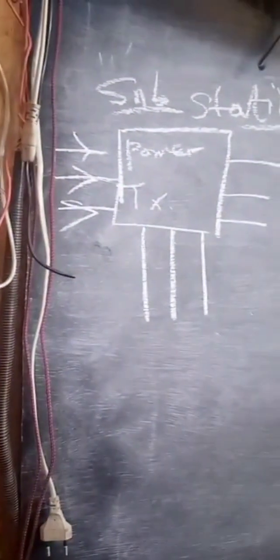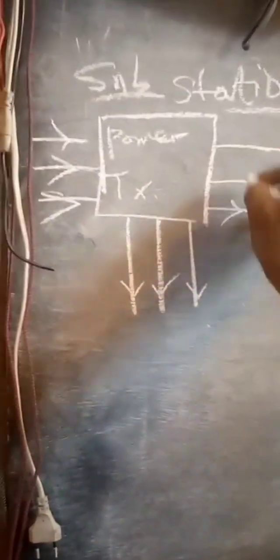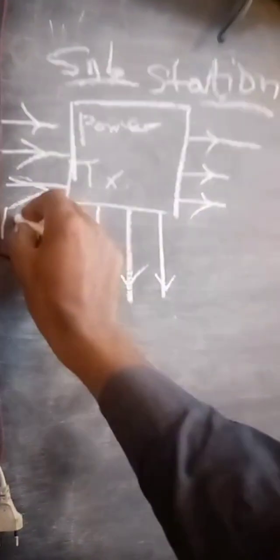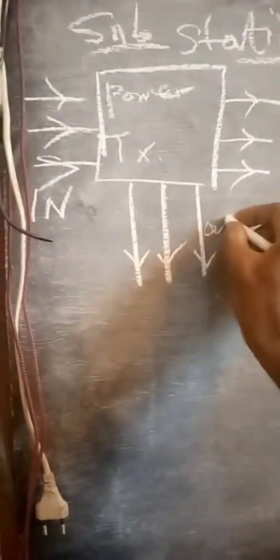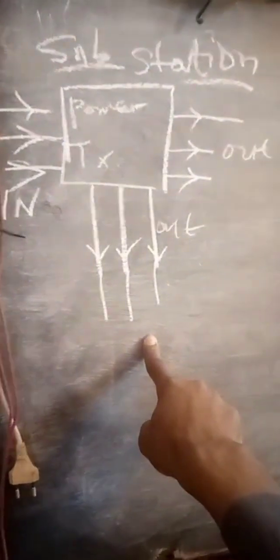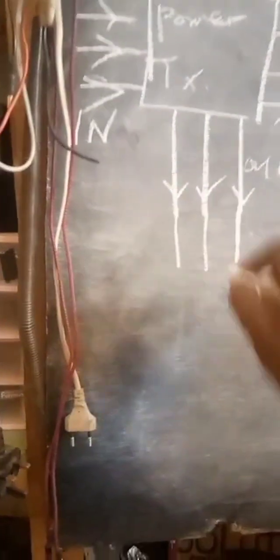So this can be my incoming and these are outgoing. So you can see in, out, out. So in this substation we have a transformer that is able to give different power lines at very high kilowatts, so that we can share it between the numerous number of consumers.